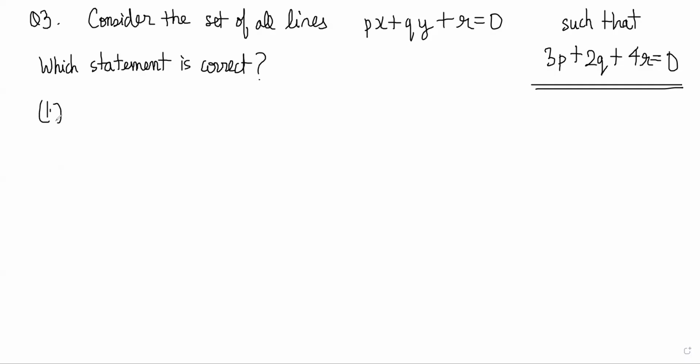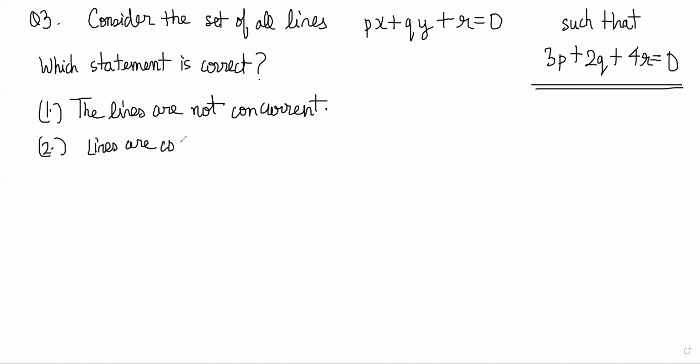The first part of the statement is the lines are not concurrent. The second part is lines are concurrent at the point 3 by 4 comma 1 by 2.